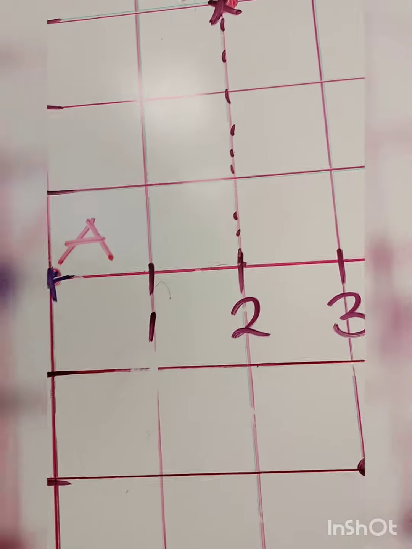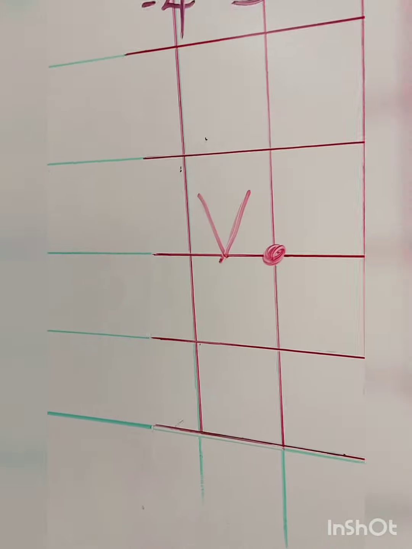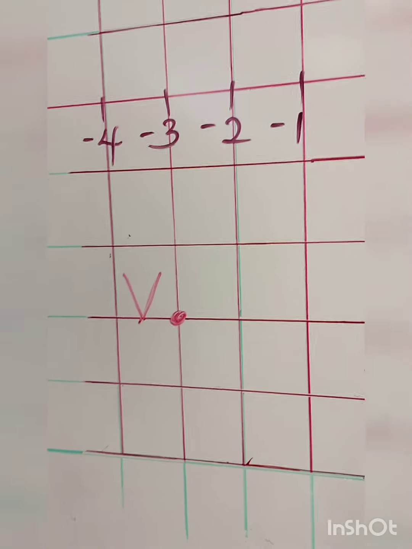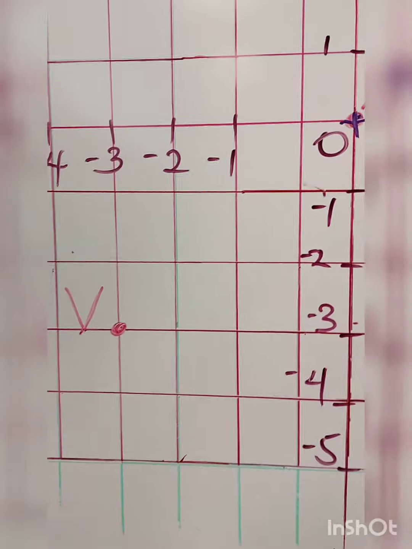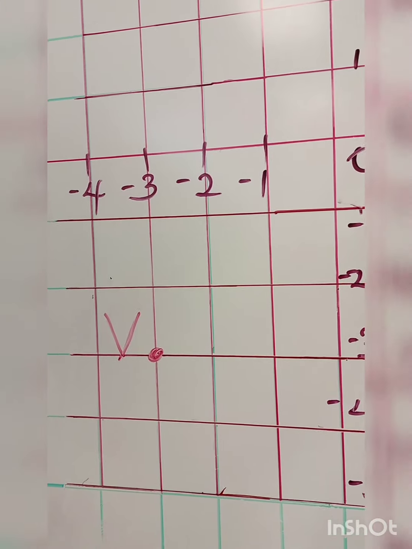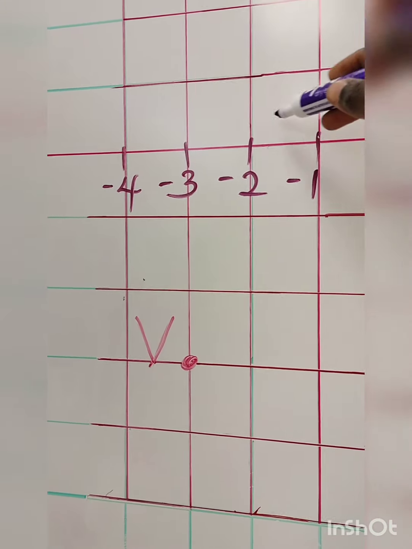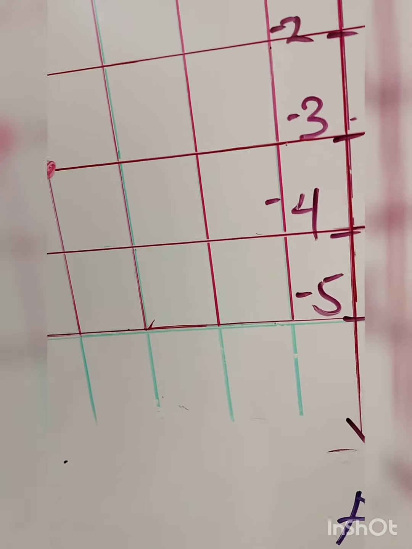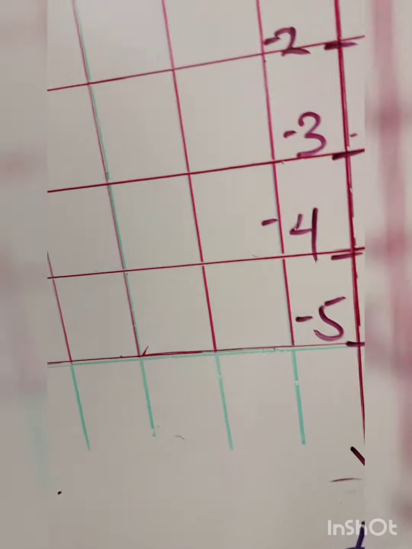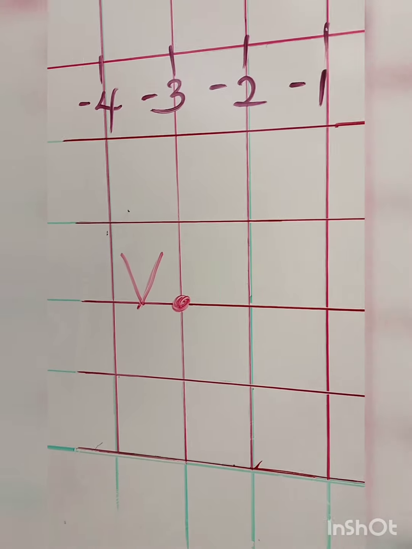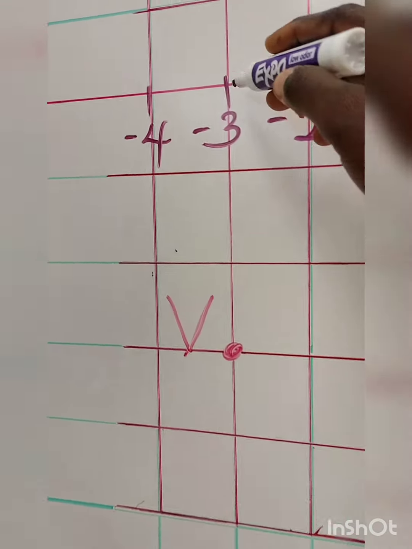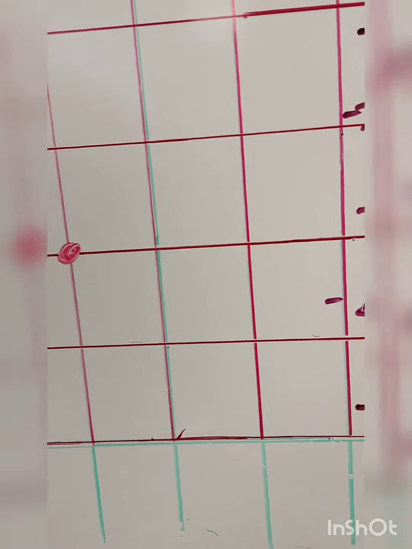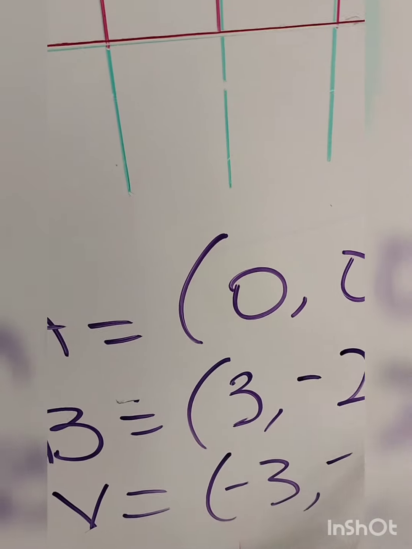What about point Y? Okay, let's come to V first. So what is the ordered pair over here? From the point 0, how many units are we taking? 1, 2, 3 to the left. That is giving us -3. Then down 1, 2, 3 also, so -3.